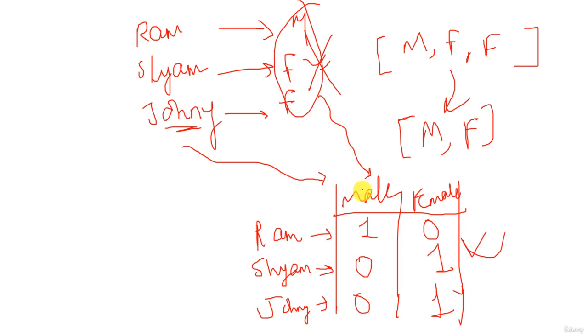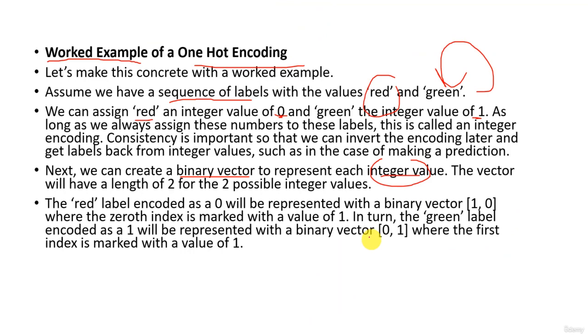Now we can clearly use this technique in a machine learning model rather than completely removing the categorical variables from our data, because sometimes categorical variables are also important for our machine learning model. So removing this data might affect our model. So rather than removing it, let us encode it so that it can be used for our machine learning model, and that is the concept of one-hot encoding.